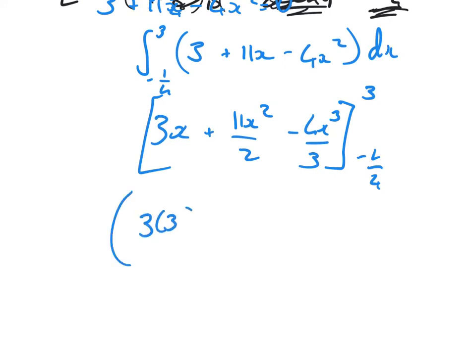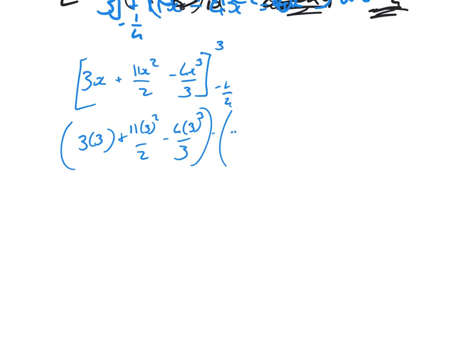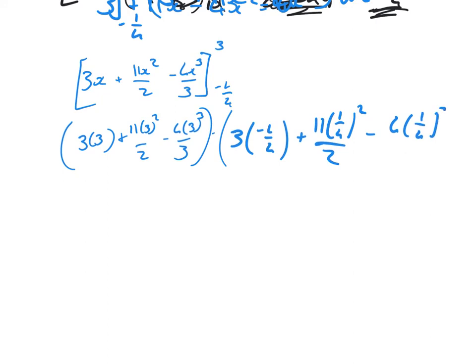Okay, so 3 lots of 3 plus 11 lots of 3 squared over 2 minus 4 lots of 3 cubed over 3, minus, open up, 3 lots of minus 1 quarter plus 11 lots of 1 quarter squared over 2 minus 4 lots of 1 quarter cubed over 3.